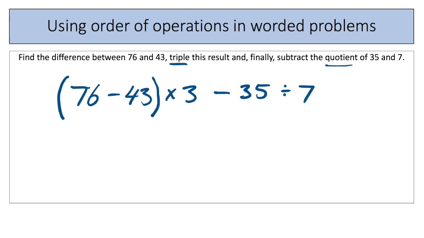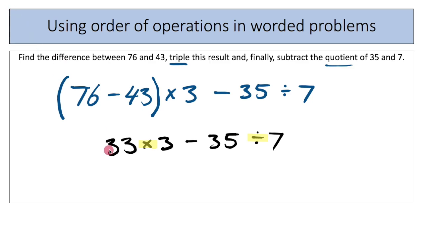So again, I'm going to be using my order of operations. The very first thing I'm going to do is 76 minus 43, which is going to be 33. Then I'm going to times that by 3, then minus 35, then divide that by 7. So now I need to answer this. Remember that when I have both a multiplication and a division, I simply work left to right.